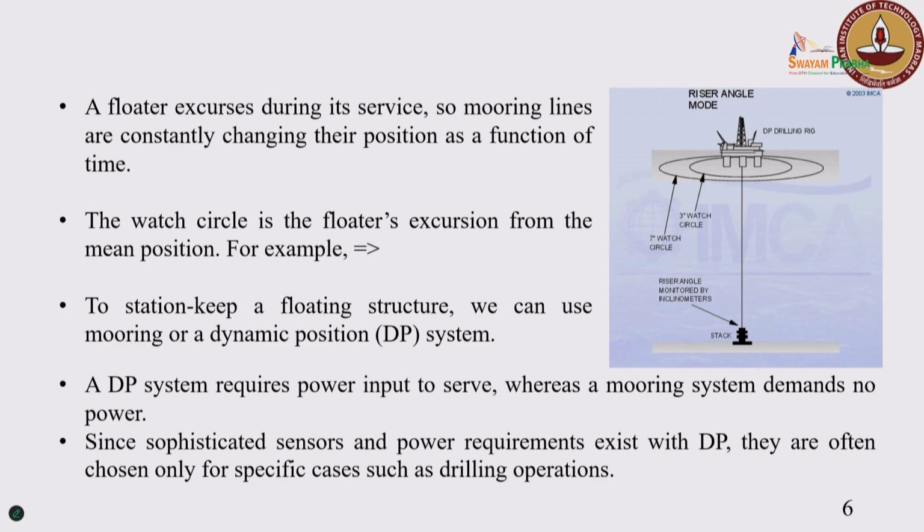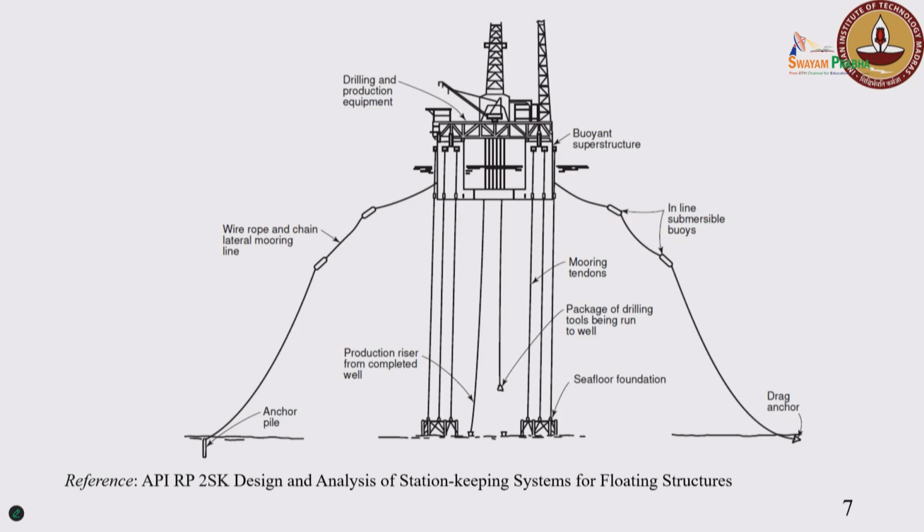Since sophisticated sensors and power requirements exist with DP, they are often chosen only for specific cases such as drilling operations. But there are some places wherein you combine dynamic positioning with a mooring, right? Depending on the type of requirement, all these are site specific activities.